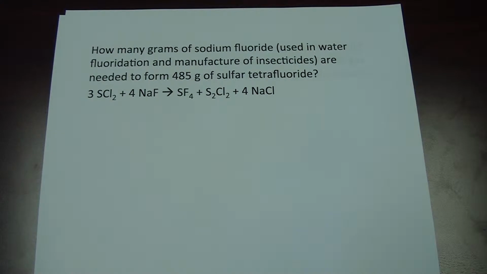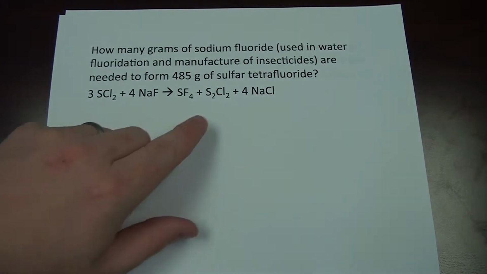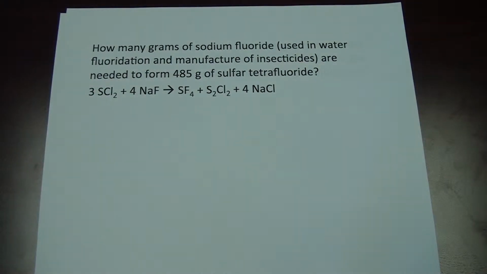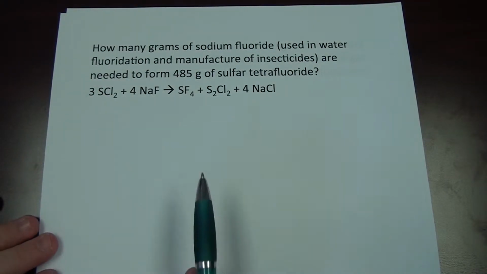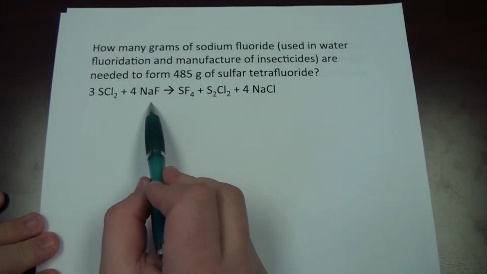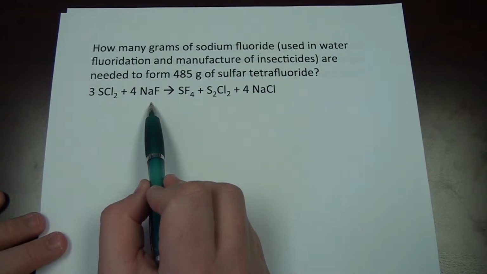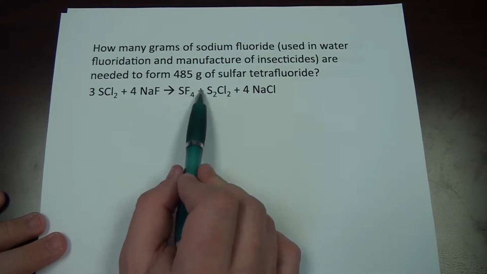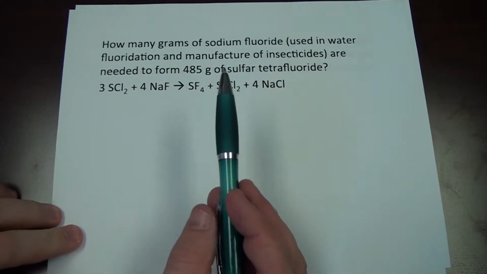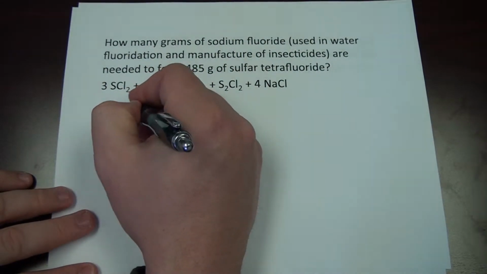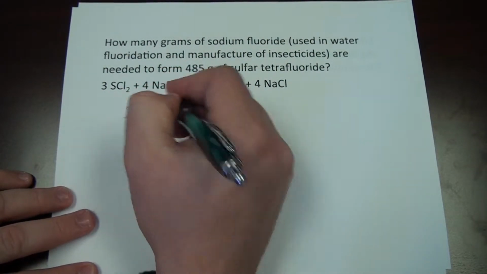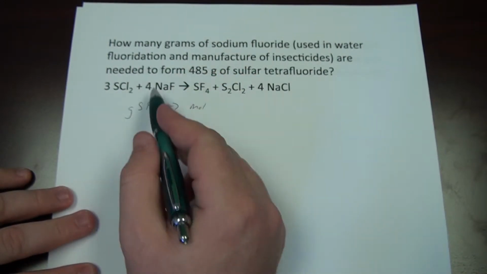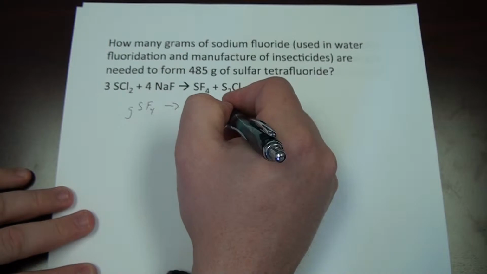Right? So we want to calculate the mass of sodium fluoride. So we want the amount of this that had reacted if we formed a certain amount of sulfur tetrafluoride. Right? So our plan is we're going to start with the mass of sulfur tetrafluoride, convert that to moles, because the balanced chemical reaction deals with moles.